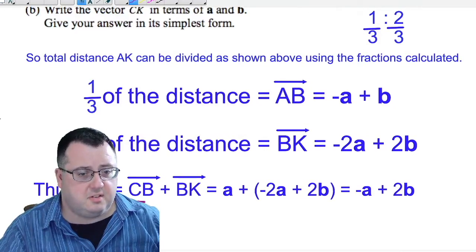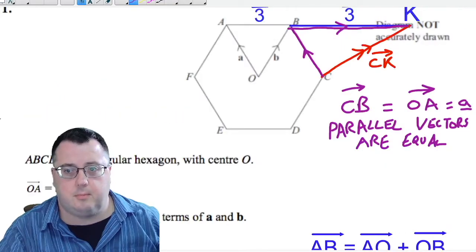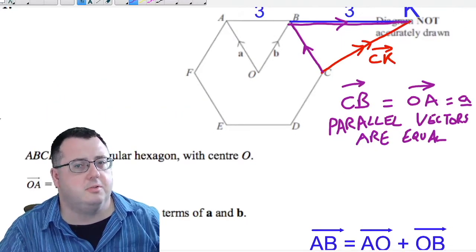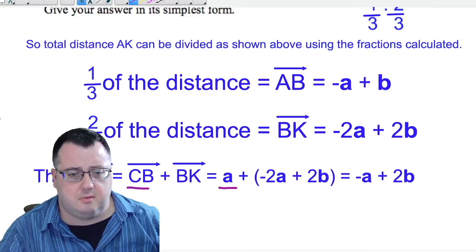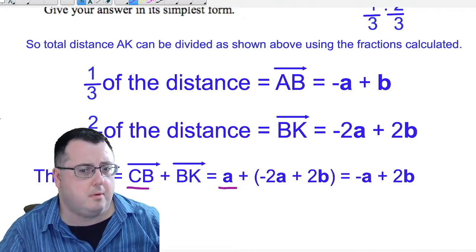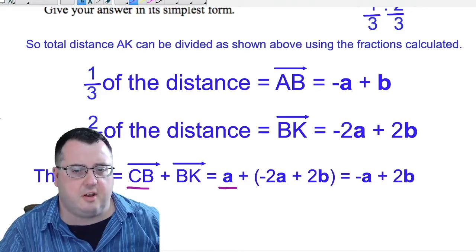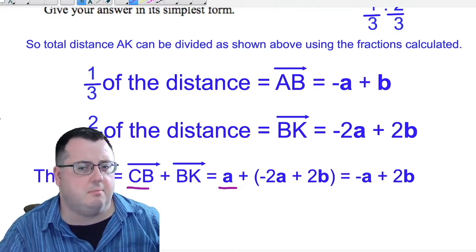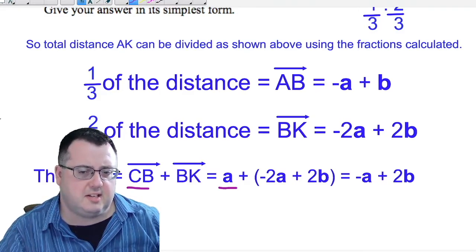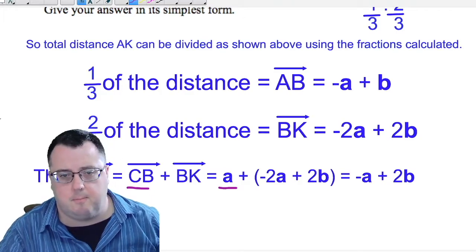So I know that this distance is A. I've just done it up the top. CB equals OA equals A. Then B to K is double the distance AB, which is minus 2A plus 2B. And if we add those two together, we will get minus A plus 2B, as A take away 2A will give you negative 1A, and the 2B will just be on its own.